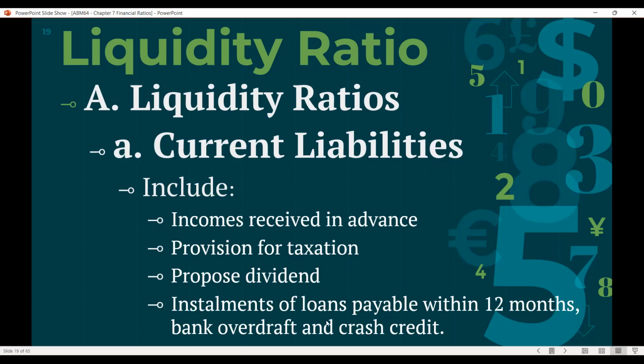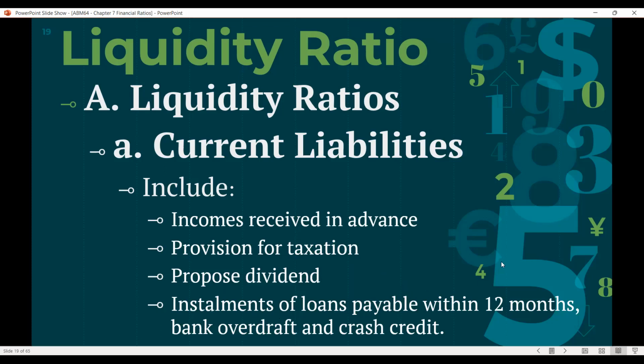Next is installments of loan. Installments of loan payable within 12 months. So bank overdraft and cash credit. So this is also imong loans payable, mostly 12 months daw. Overdraft or cash credit. So these are your liabilities, imong loan, especially if installment basis siya like per month.